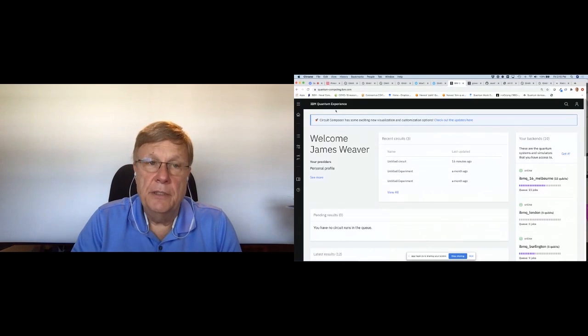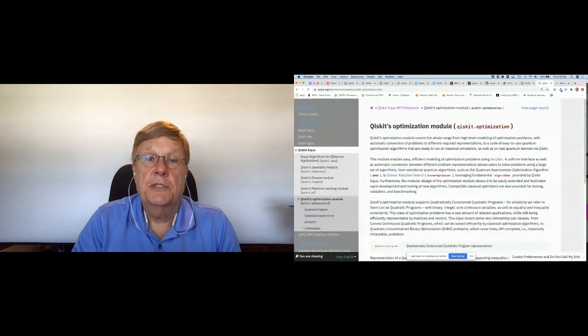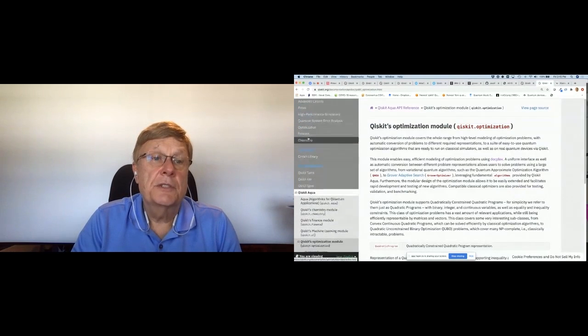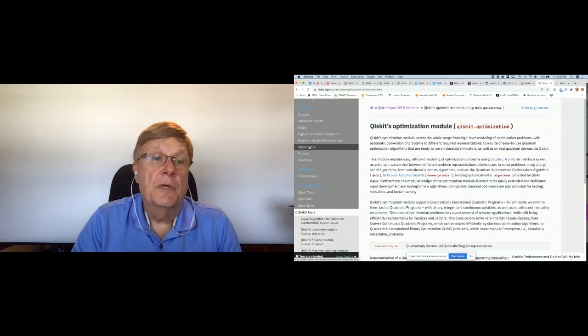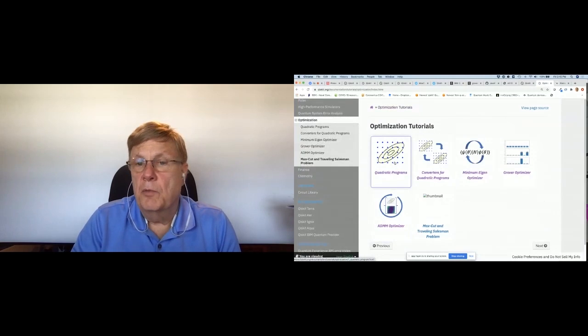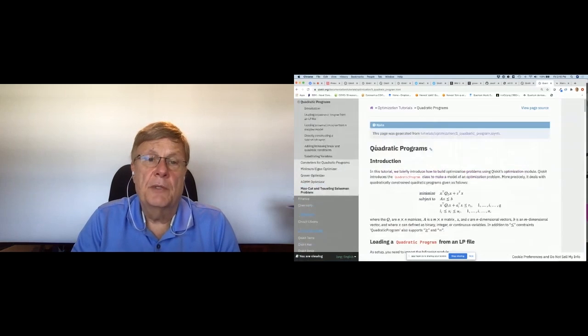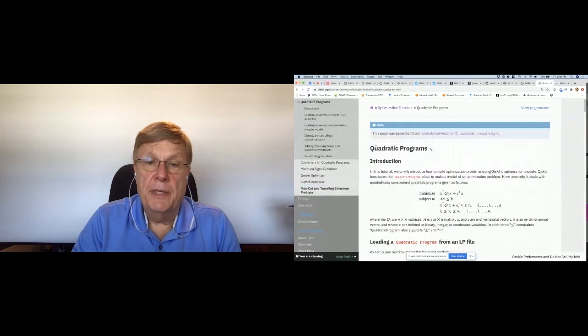If we go to the Qiskit documentation, we can see some tutorials, and one of them is an optimization tutorial. We can go through here and see the concept of quadratic programs, and how to make a model of one and load it.